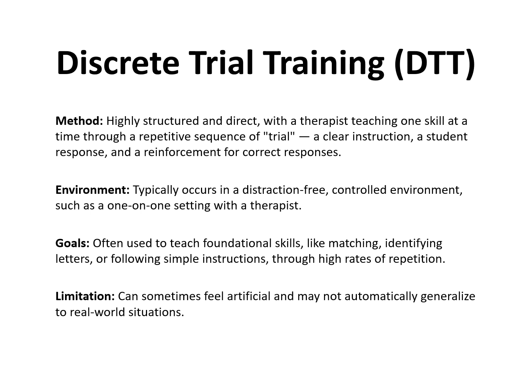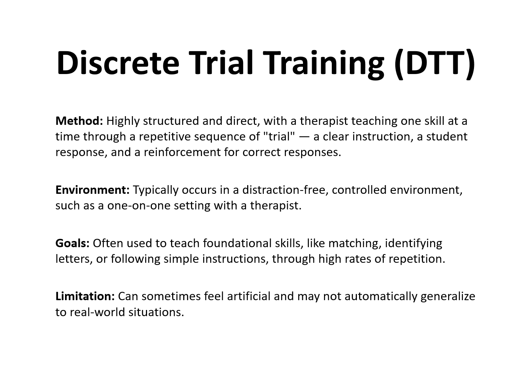Now, the environment for DTT, this is really what distinguishes, in my opinion, DTT from the next method I'll talk about in the next slide. With DTT, the actual therapy is usually delivered in a controlled environment, often a therapist's office. Back in the day, it was very sterile, lab-like settings.